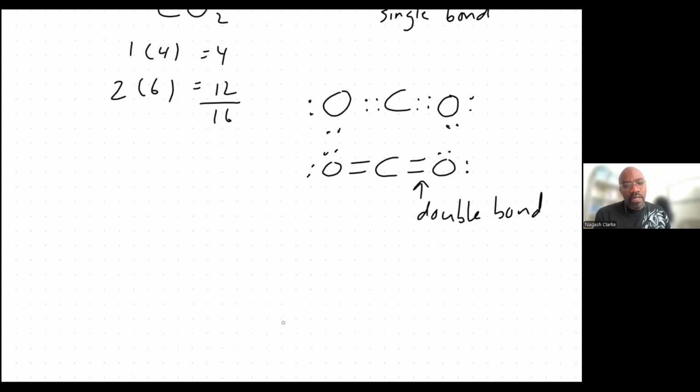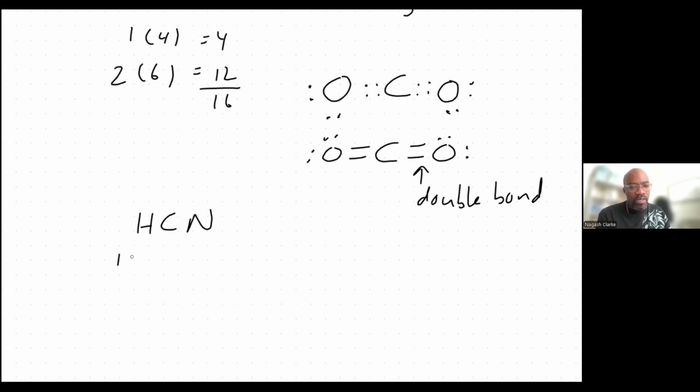Okay. Let's try something with a triple bond, HCN. So H has 1 valence electron, carbon 4, nitrogen 5. So we have 10 total electrons.